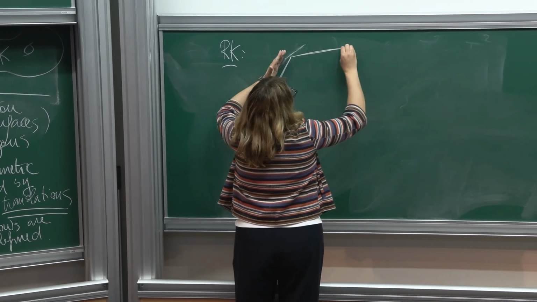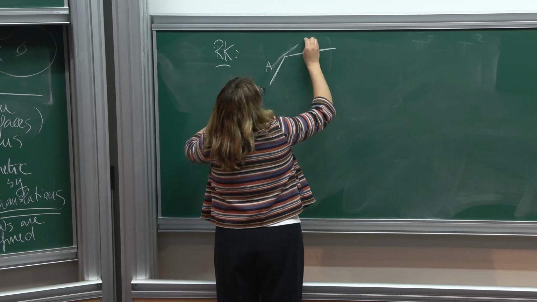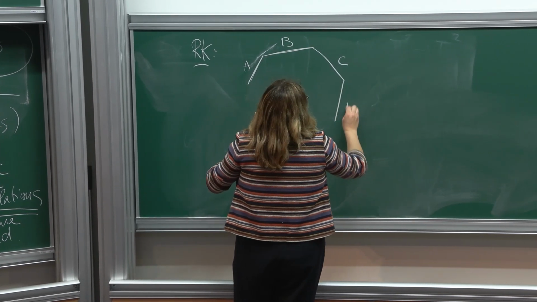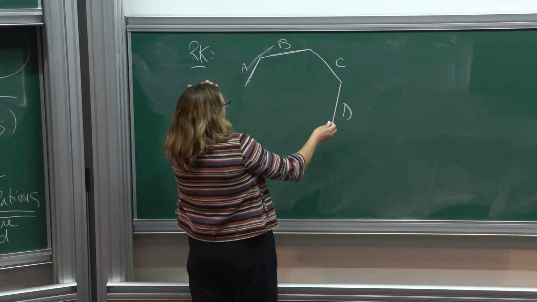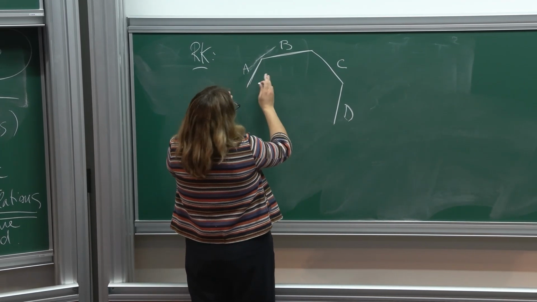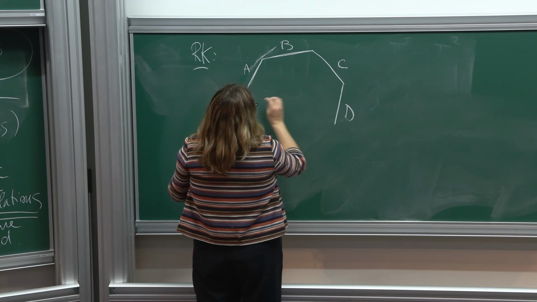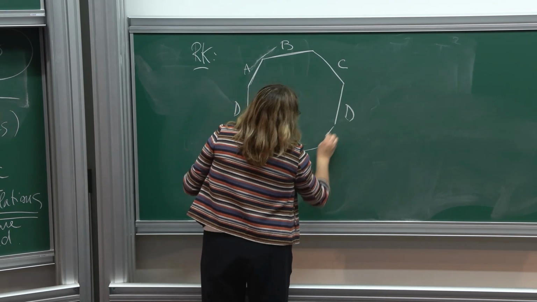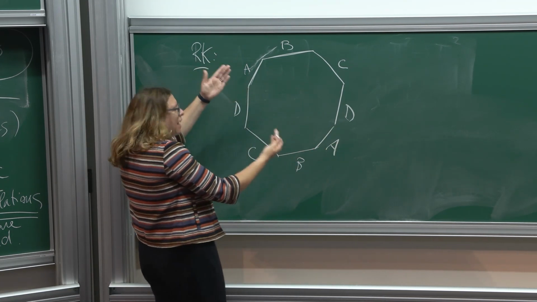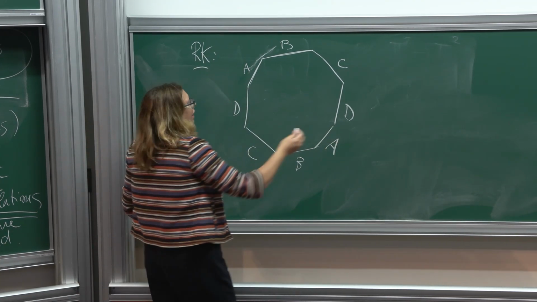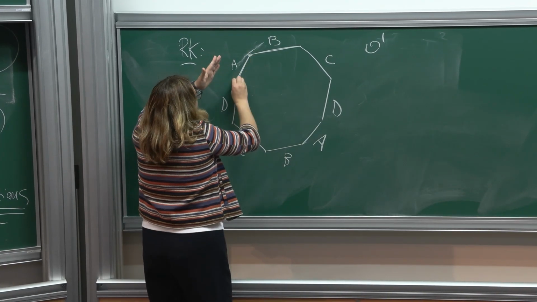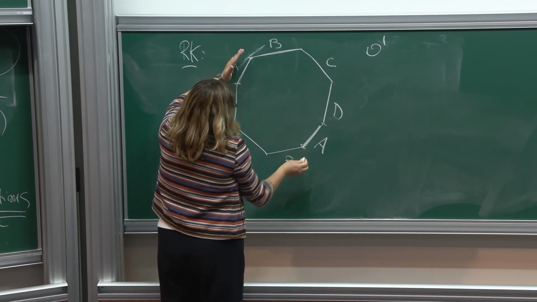So let me draw four sides, A, B, C, D, which are not of the same length anymore, and then reproduce them, D, C, B, A. So this is a non-regular octagon, still an octagon, and still there are opposite parallel sides which are isometric.